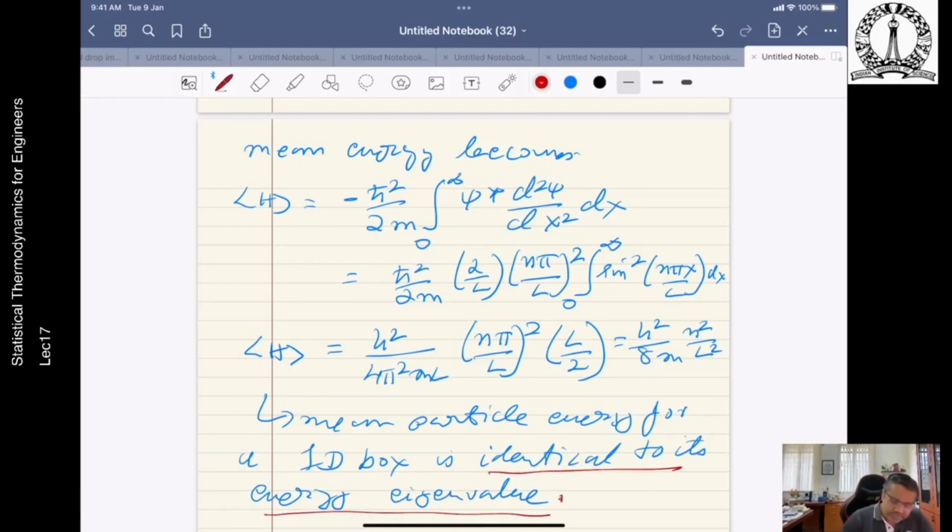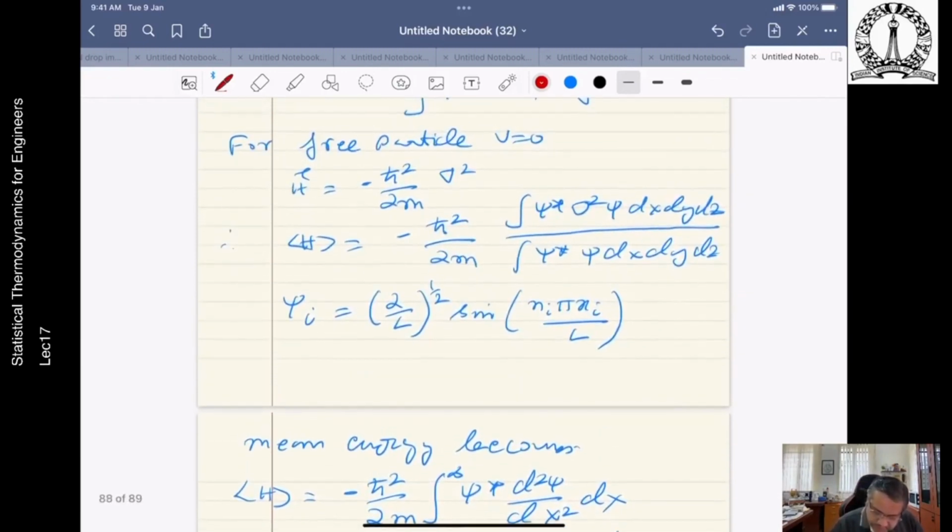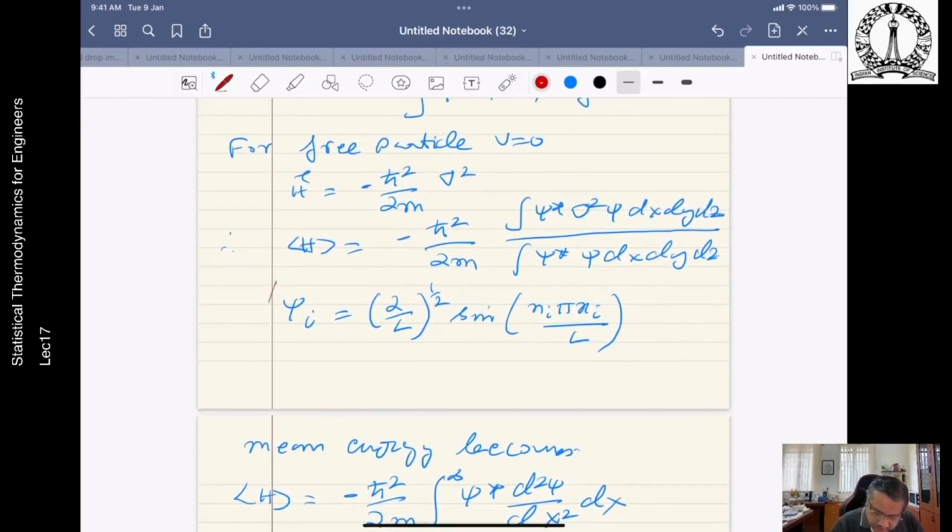This is consistent with our general expectation that this is what it should be. So the mean particle energy is this. This is a one-dimensional thing, so you can drop the index i if you want, since there is only one dimension available. So this is identical to what we have seen from quantum mechanics, as indicated by your earlier equations.